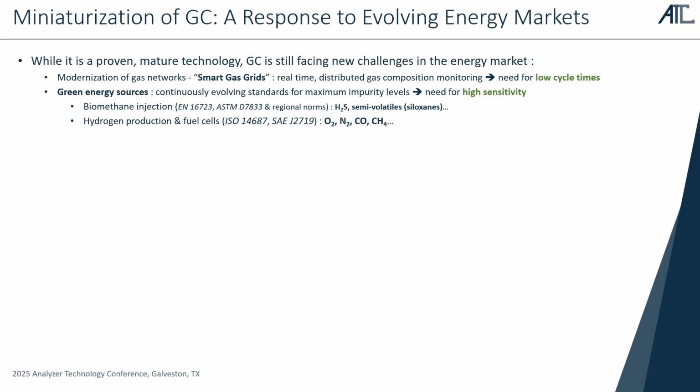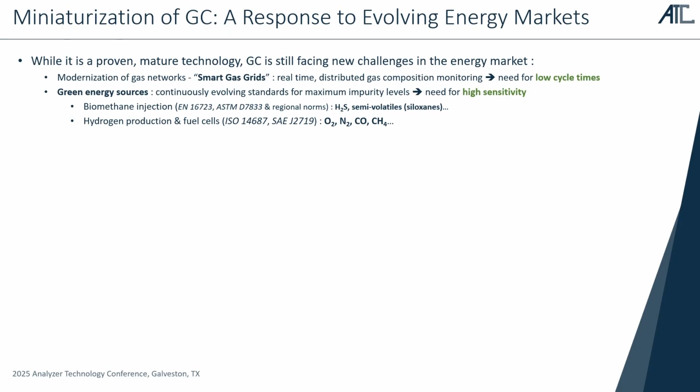Let's take biomethane injection, for instance. When you want to inject biomethane, you need to monitor continuously calorific value, oxygen, hydrogen sulfide, and more at the injection point, and with high sensitivity too, in the case of hydrogen sulfide.